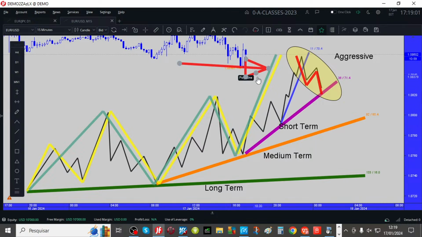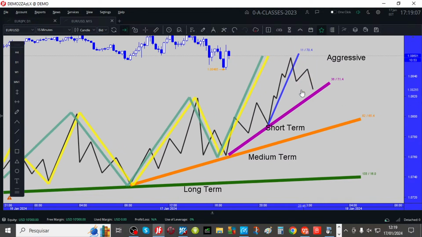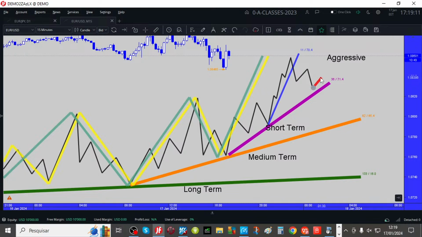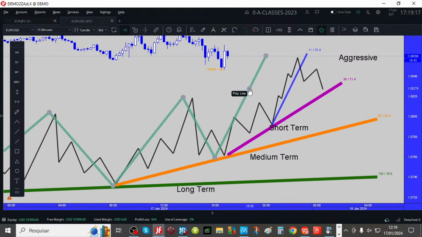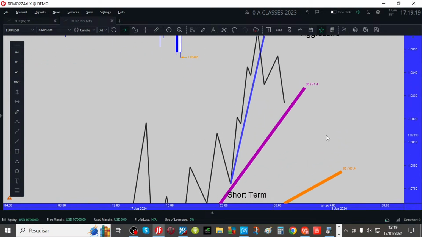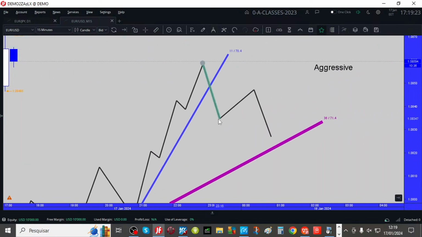Now, here is the question. When, it's not if, when the market is going to make another retracement, so let's get rid of this one. So this is a downtrend, right?